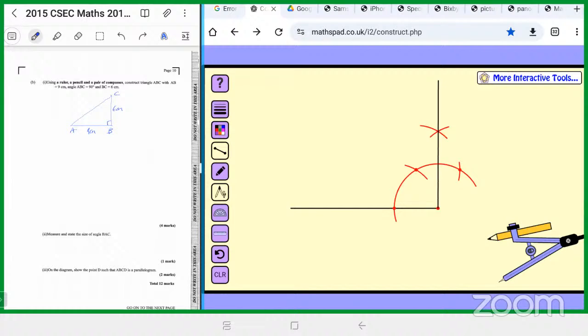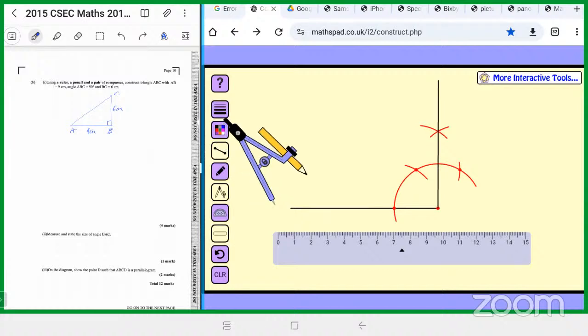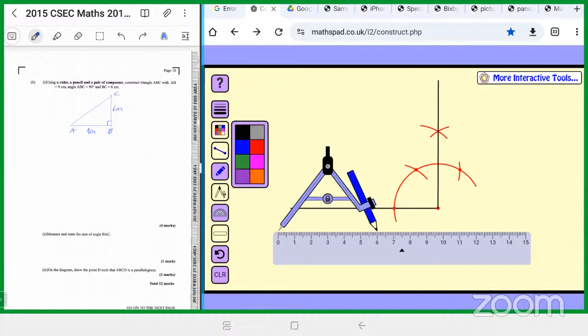All right. That's my line. I'm going to bring back the ruler. I can measure the 6 centimeters on it, but I can do it this way as well. You put the compass on the ruler at 0, and you hold it out to 6. Then you lock it. Let me change the color to blue.